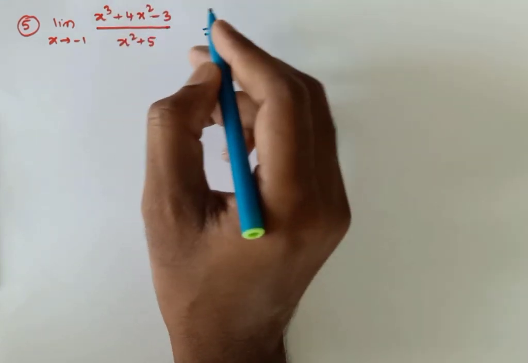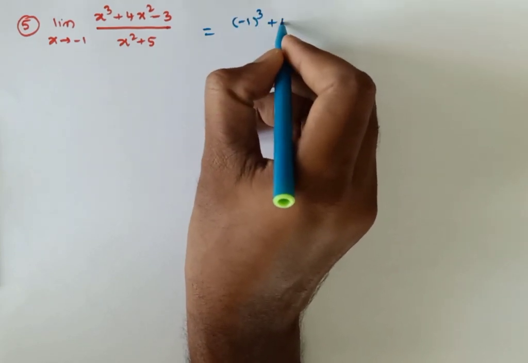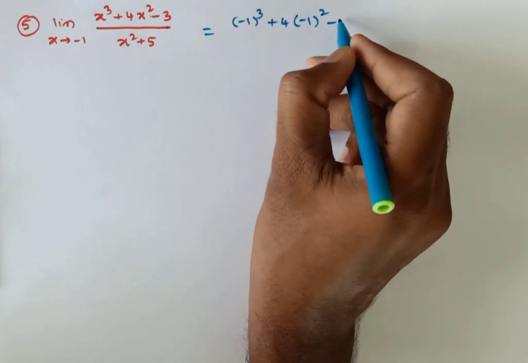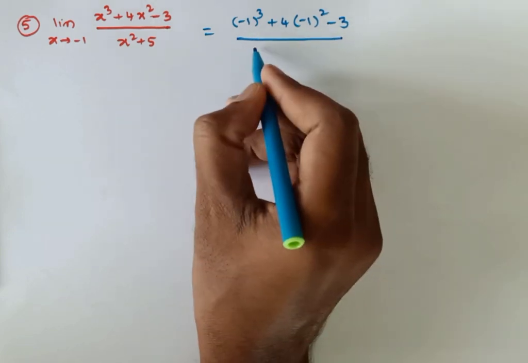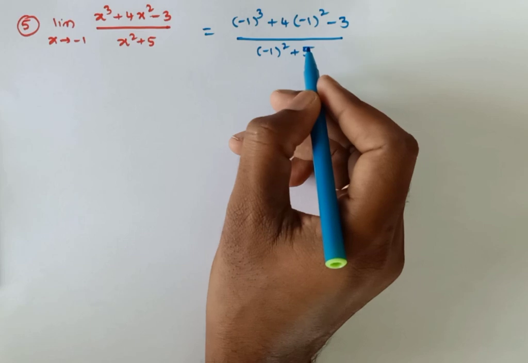So it is minus 1 whole cube plus 4 into minus 1 square minus 3, divided by minus 1 square plus 5.